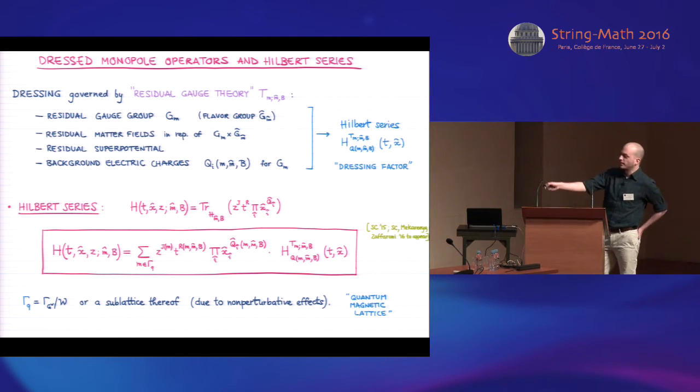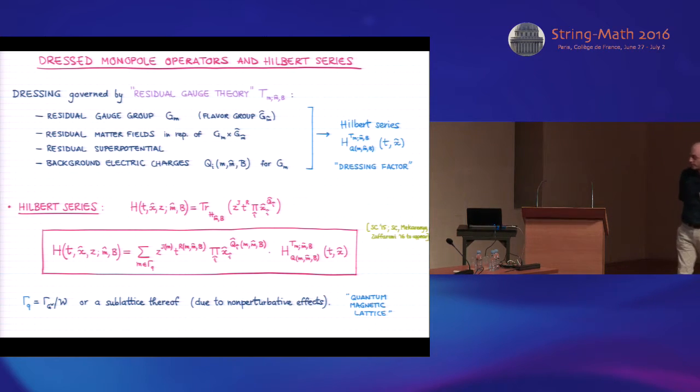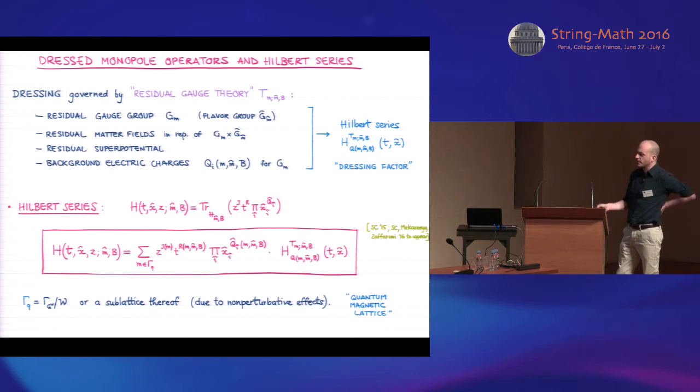We have a prefactor here which takes into account the charges of the bare monopole operator. And finally, you can dress the monopole operator by gauge invariants of the residual gauge theory. So we have the Hilbert series of this residual gauge theory that provides this dressing factor. And so this is a general formula which applies also to three-dimensional N=2 theories. I will give some examples in a second.